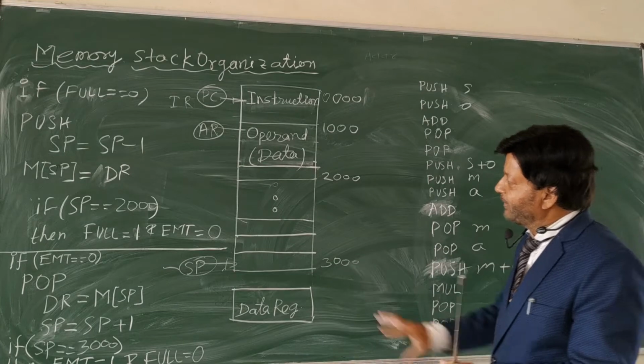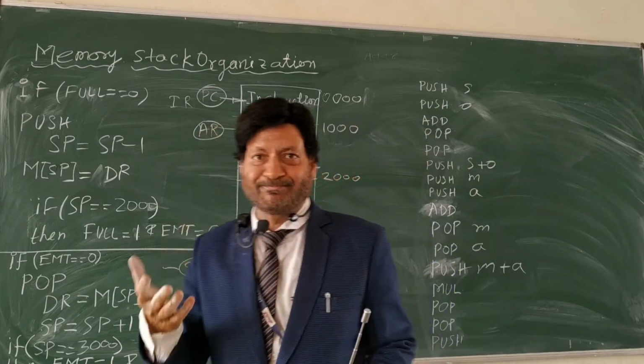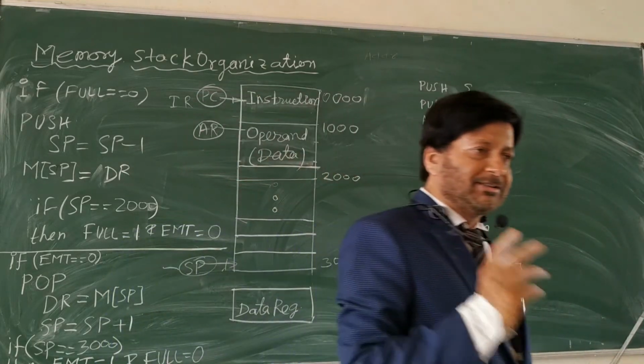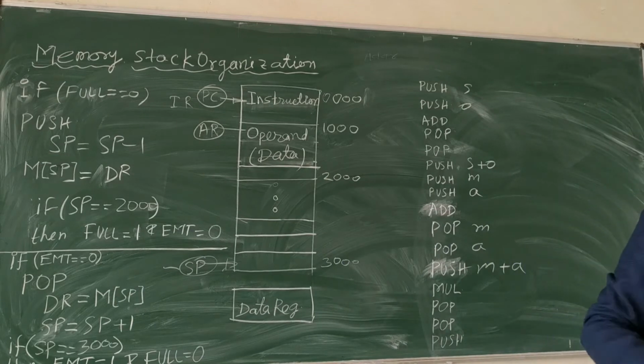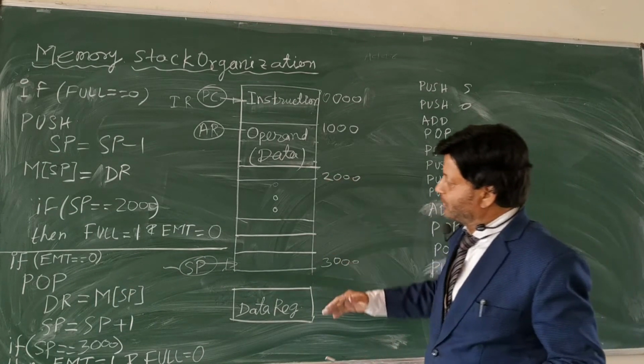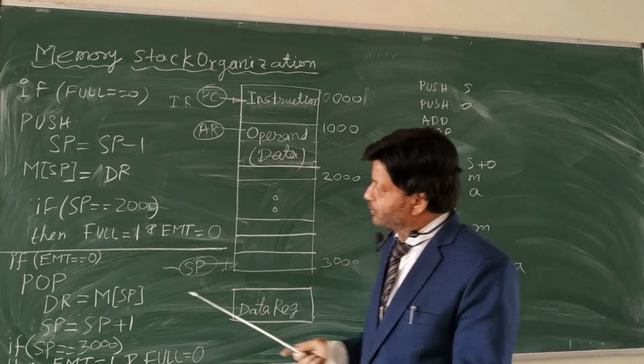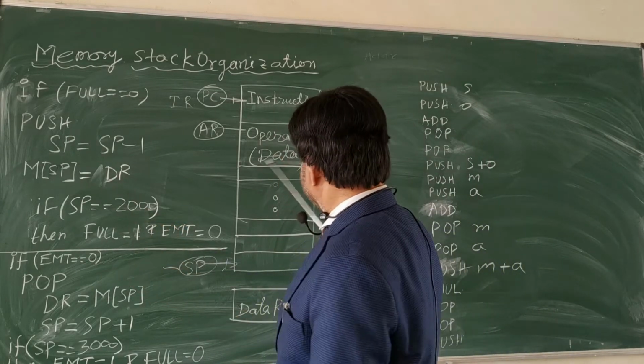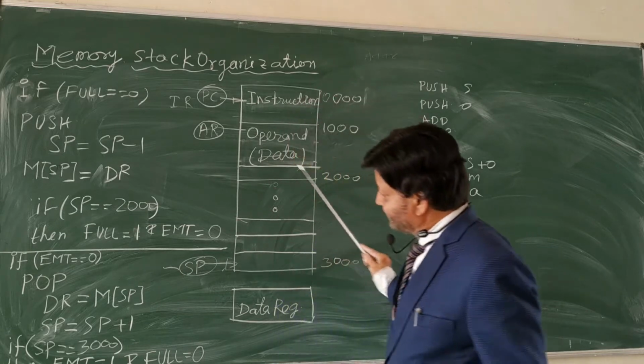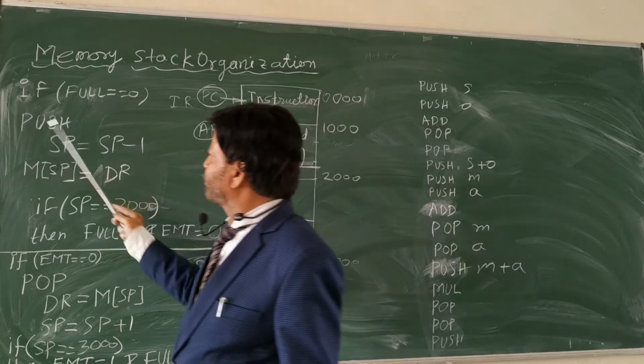We have implemented this stack in the negative way. You can implement the stack in the positive way also, but we have implemented it in the negative way. If you consider this as a stack, observe this push operation.